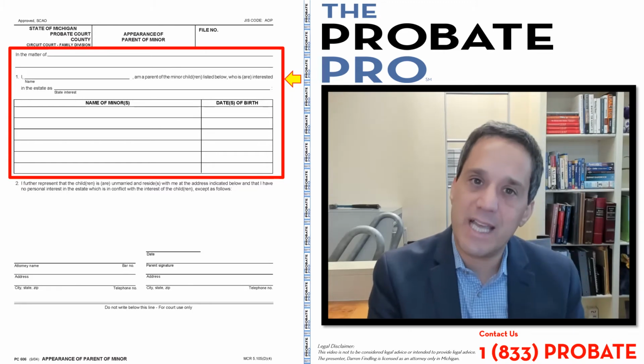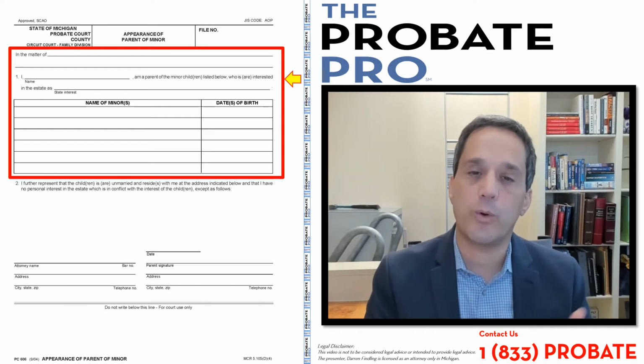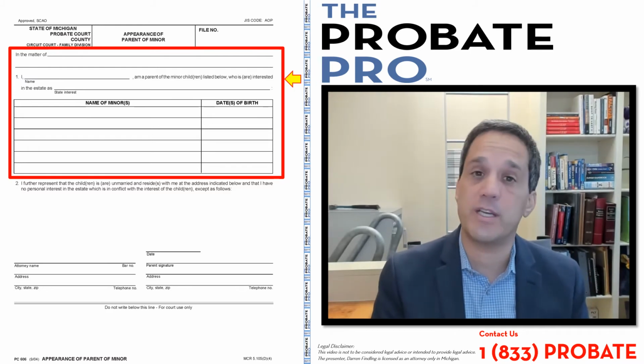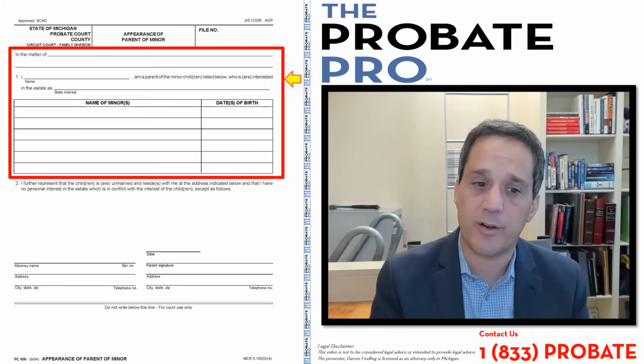Below that, where it says name of minors, you would identify any of the minors upon which you are serving or filing this appearance. So for example, if you have 3 children, you'd identify all 3 names and their respective dates of birth.